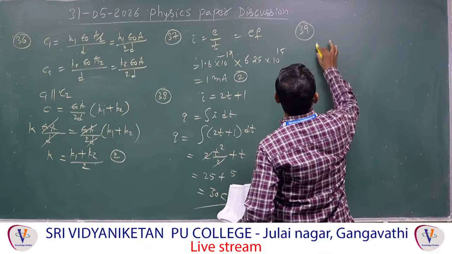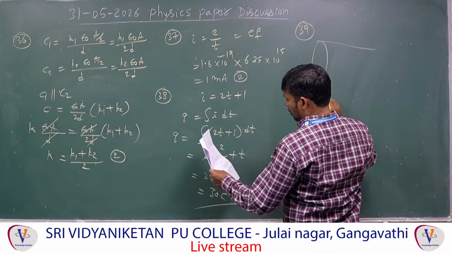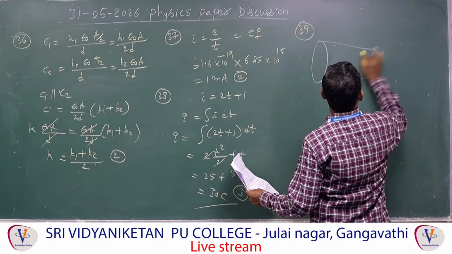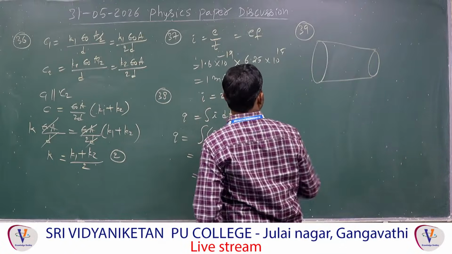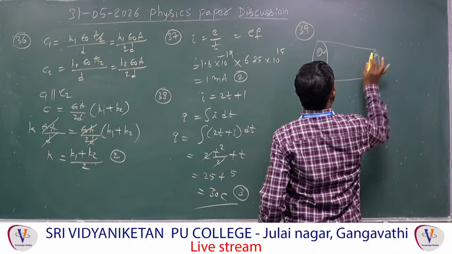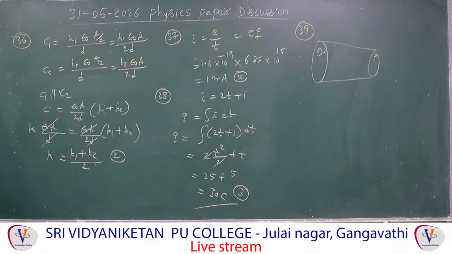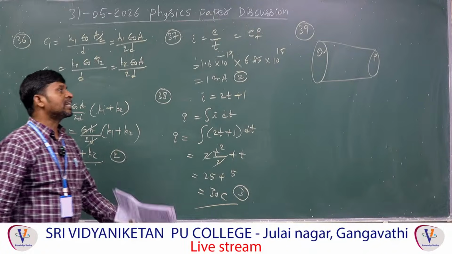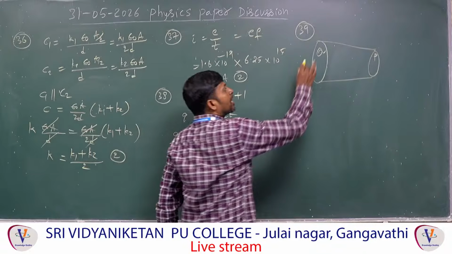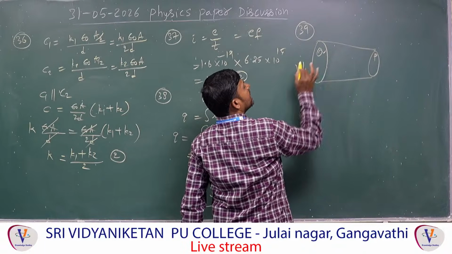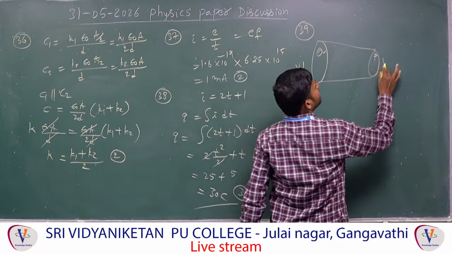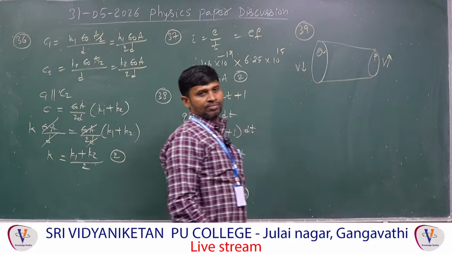In 39, this is the cross sectional area of the conducting wire like this. This is the Q, this is the P. What is the drift velocity of the electrons when a steady current is flowing through it? Already we know that more area has less velocity, and small area has high velocity.